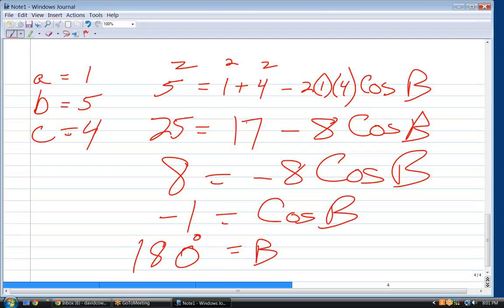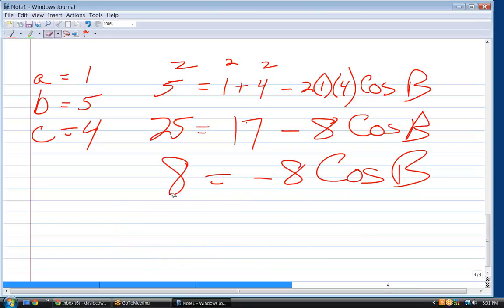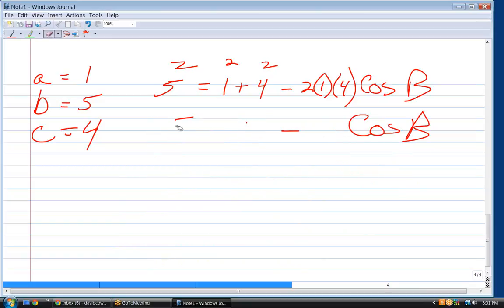So immediately you know that this is an impossible triangle. Next one. And it wouldn't have mattered which side we picked. All of them would have given us the impossible cosine of B.